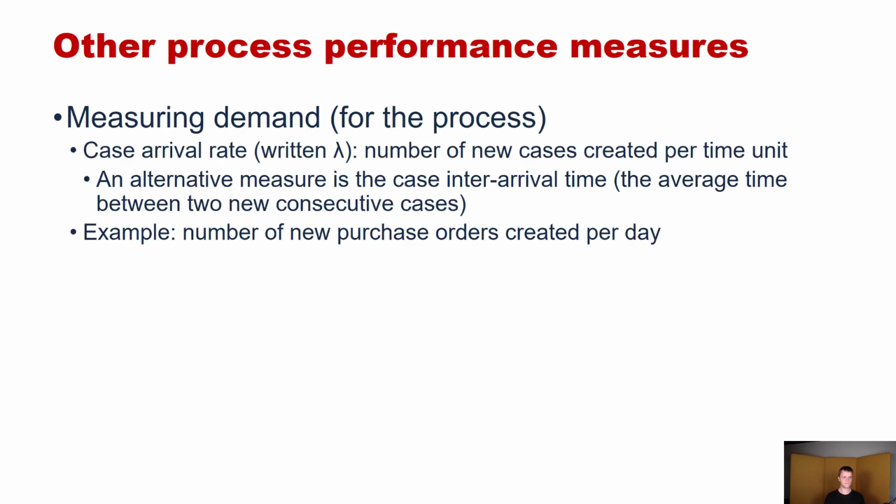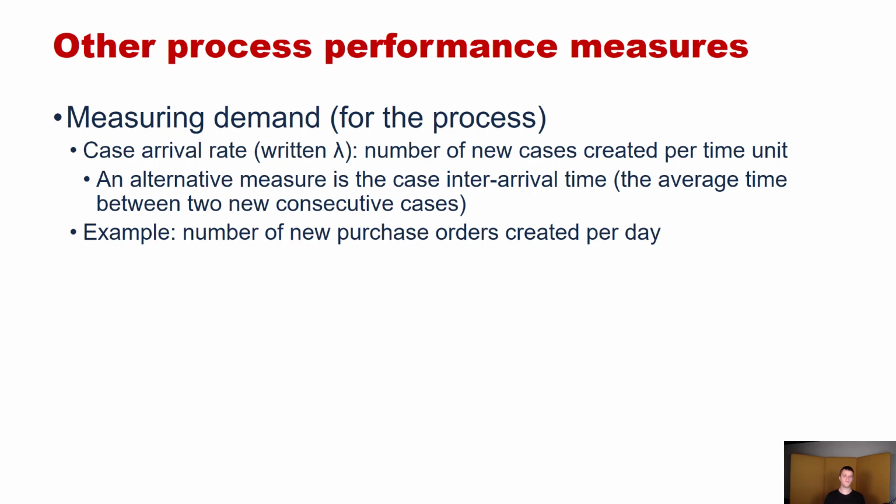Now, there are some other process performance measures that you should be aware of. First of all, how to measure demand for the process. This is usually done in terms of case arrival rate, written with the letter lambda. And this refers to the number of new cases created per time unit.